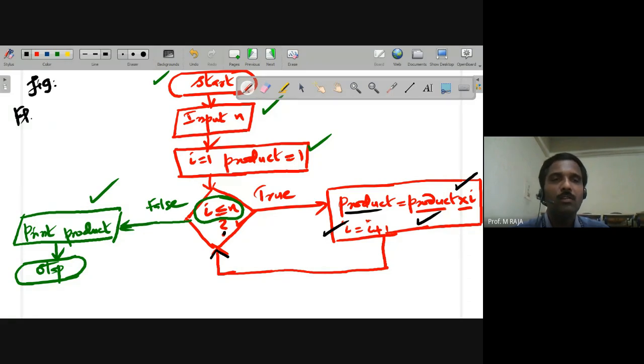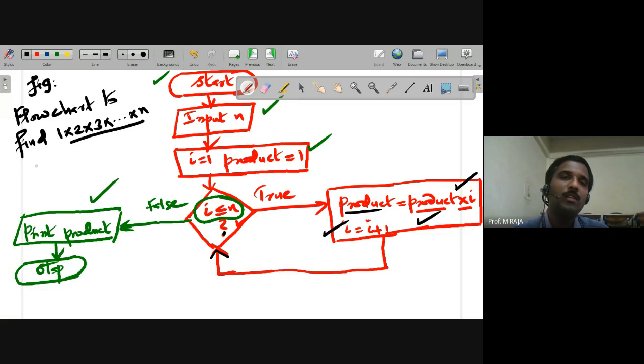Flow chart to find the product of n numbers 1 into 2 into 3 into etc. n. Or you can write the flow chart to find the value of n factorial when n is greater than 0 and integer. Because here we didn't check for n is equal to 0.